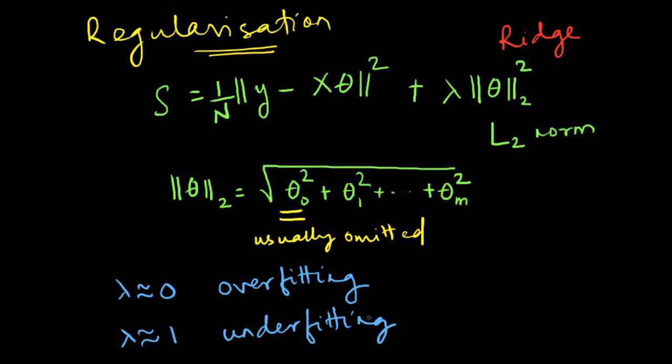So here you need to choose your value for lambda very carefully, and that usually can be found only by trial and error.